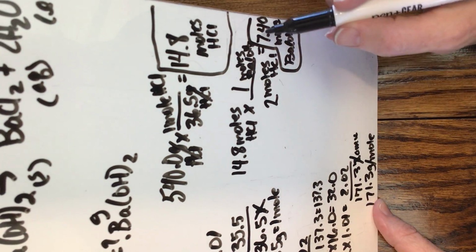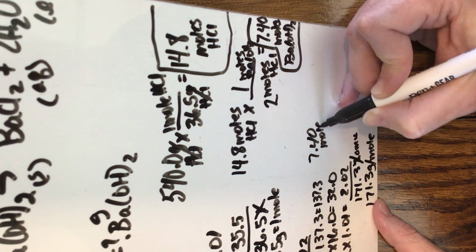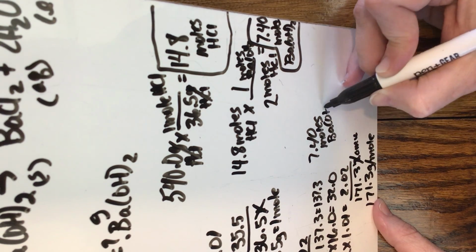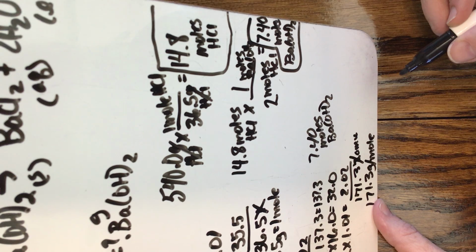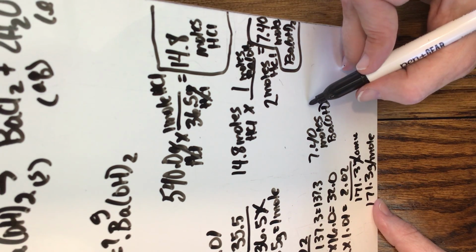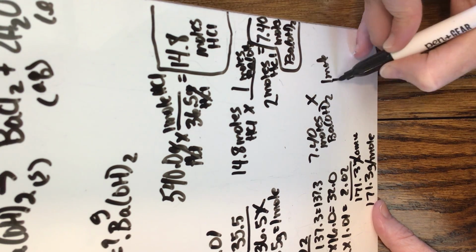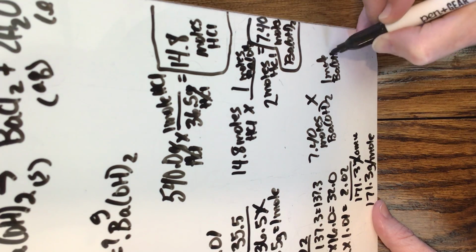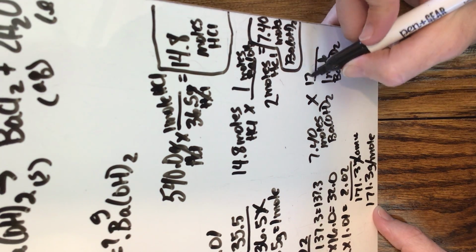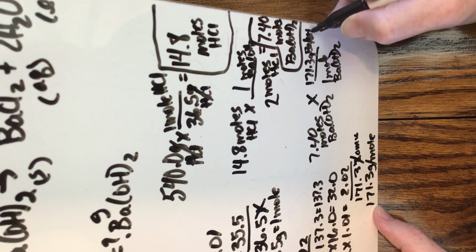Okay, so now I'm going to take these moles of Ba(OH)2 and multiply by 1 mole of Ba(OH)2 on bottom is equal to 171.3 grams of Ba(OH)2.